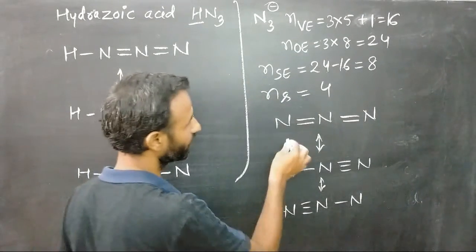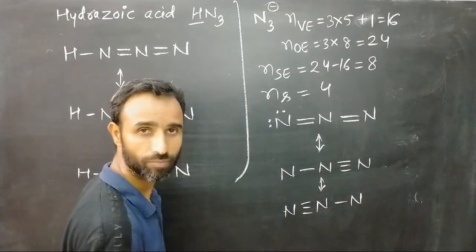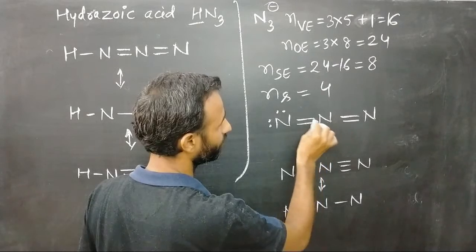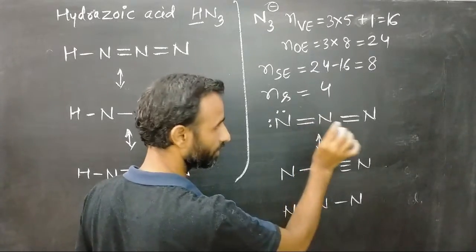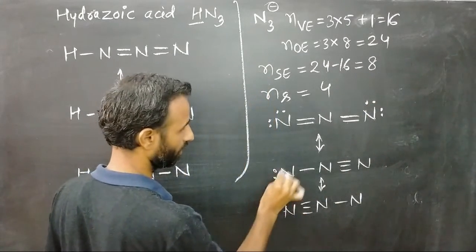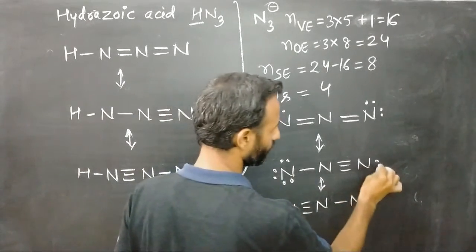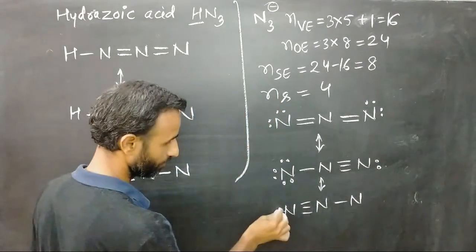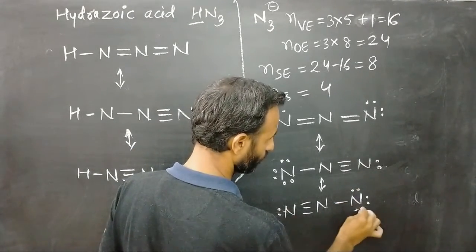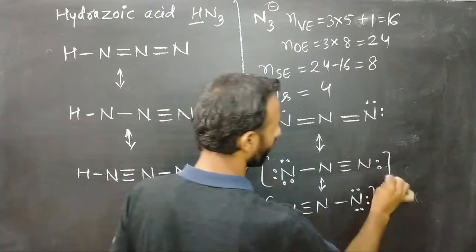So in this case, total 4, so 2 pairs, 4 plus 4, 8, done. Here 3 lone pairs, 1 bond pair, 1 lone pair, 1 lone pair, 3 lone pairs. So you can say in N3 negative, this is called azide.